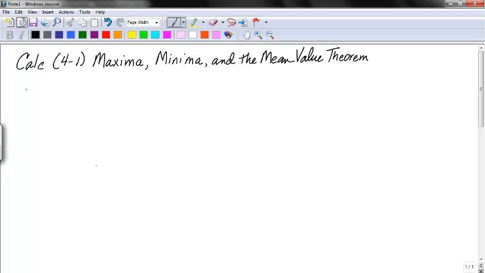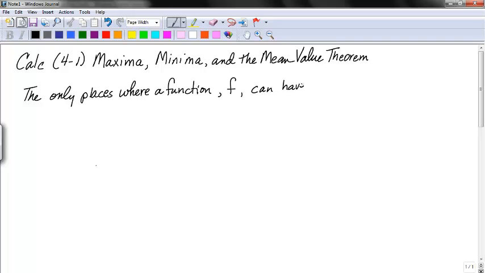Okay, first the author goes through on a graph the only places where a function f, or f of x, they're using f, can have an extreme value.